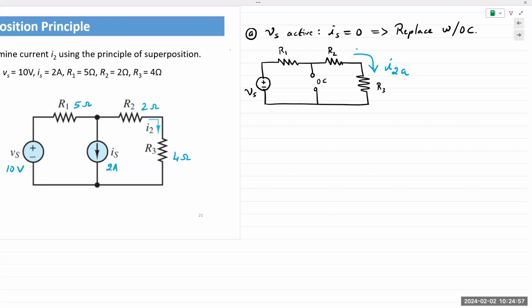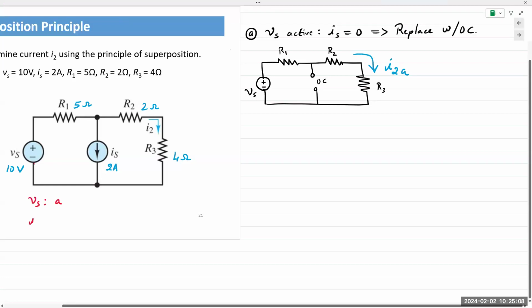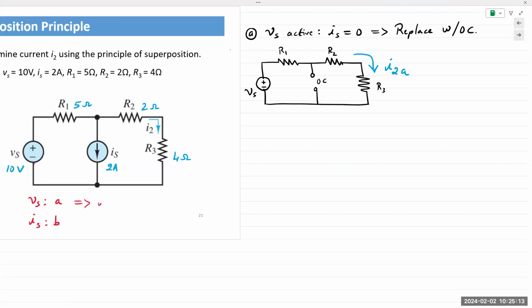Let me note it here. Vs is A, Is is B. This would be I2A. This would give me I2B. Everyone with me so far? Okay.